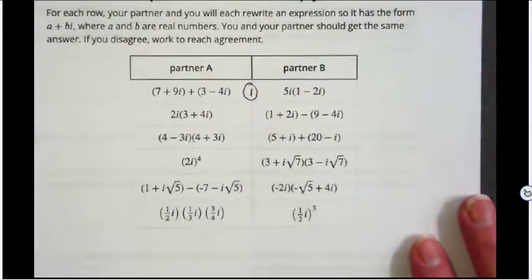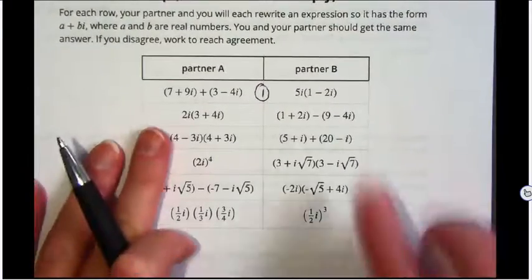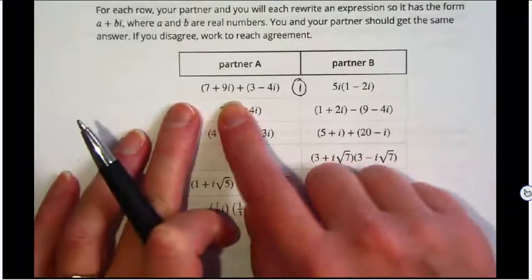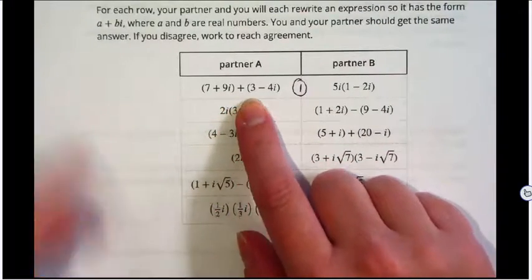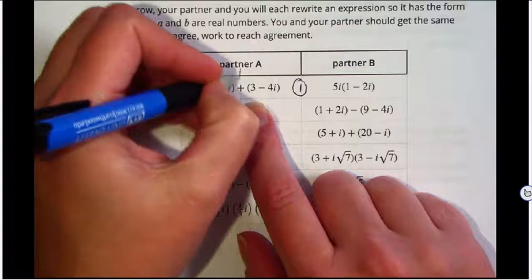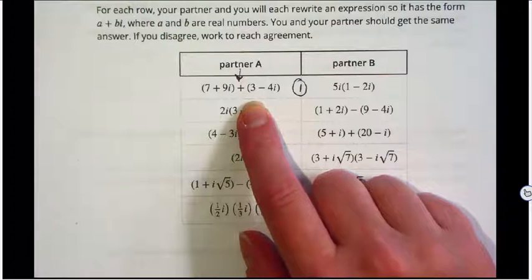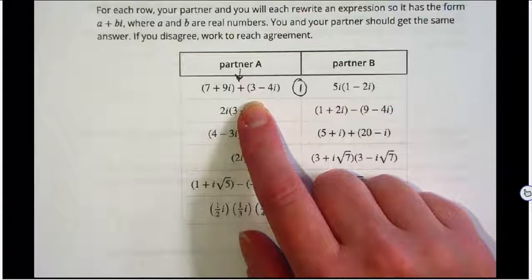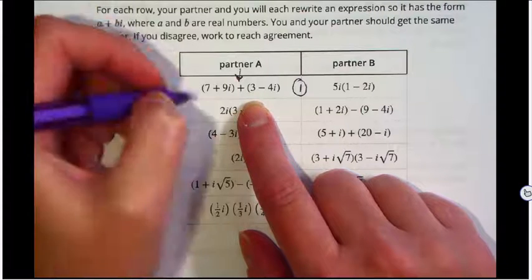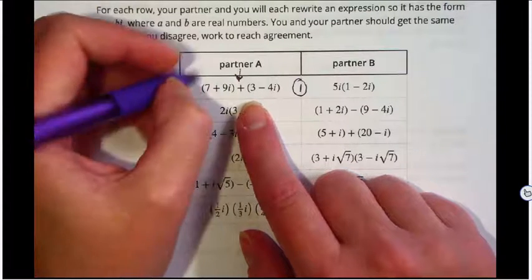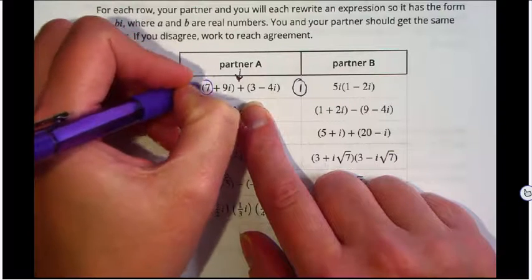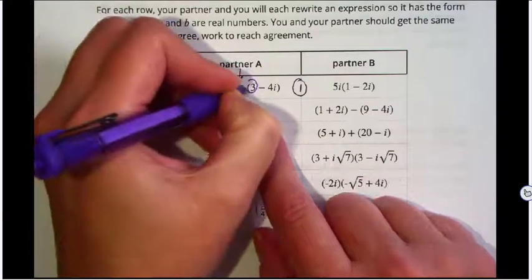All right, so I'm going to start off just by numbering here at number 1. And I'm going to take care first of partner A off to the side here. And I notice that we have addition going on between two complex numbers. Remember that when we were adding complex numbers, we would add like terms. The real parts we would add together.